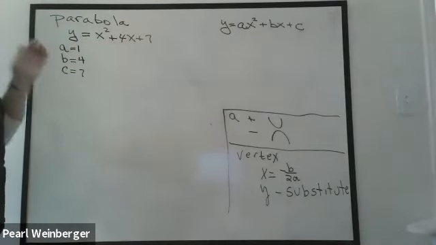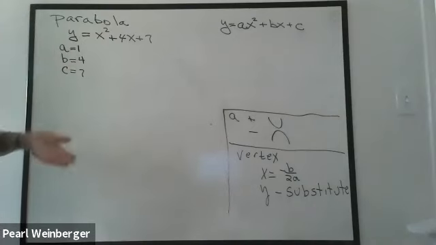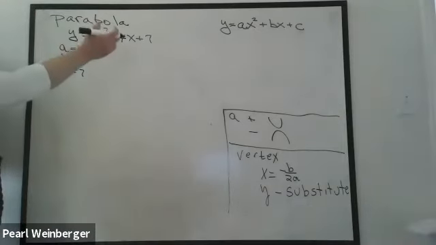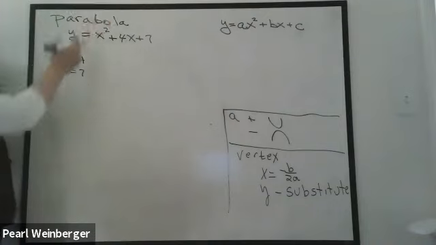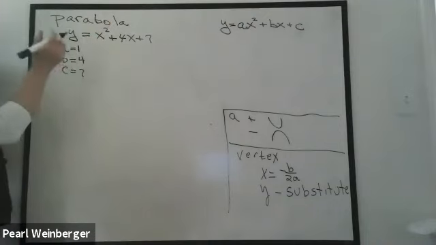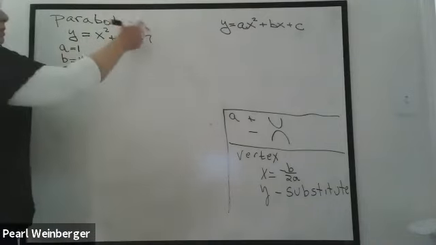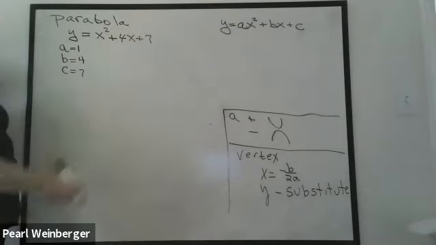Of course, the A is never going to be 0 because if there's no x squared term, it's not a parabola. So sometimes you're missing the x term, which means the B is 0. Sometimes you're missing the C term, which means the C is 0.